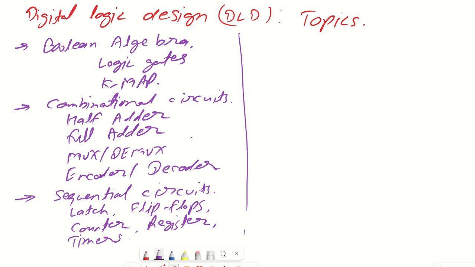Some more topics are data converters, so we'll see data converters as well. In that we can see ADCs, analog to digital converters, and DACs, digital to analog converters. We have a lot of logic families these days, like CMOS logic families or TTL logic families.